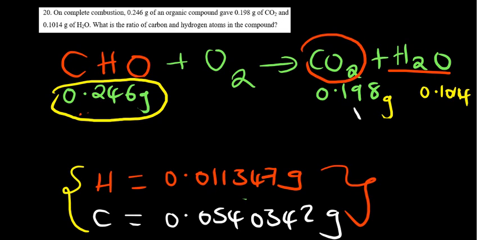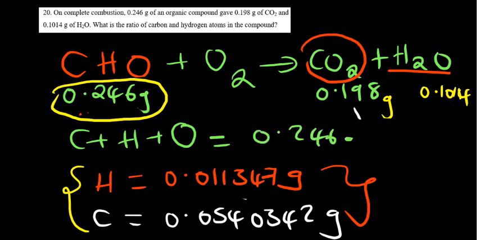So we'll say, okay, the summation of the carbon plus the hydrogen mass plus the mass of the oxygen should give us a total, which is 0.246. So if you add carbon and hydrogen, which are these values, the mass that you're going to have is basically 0.065381.